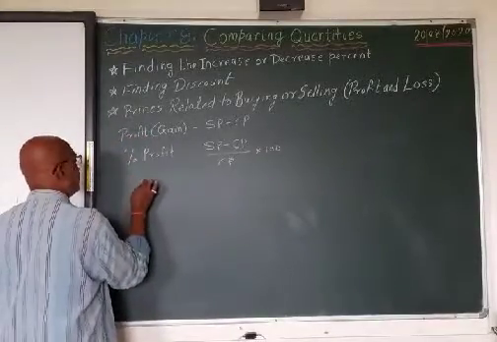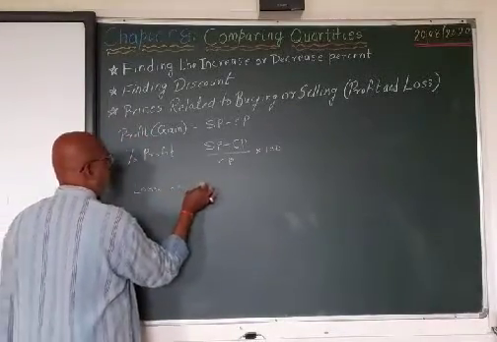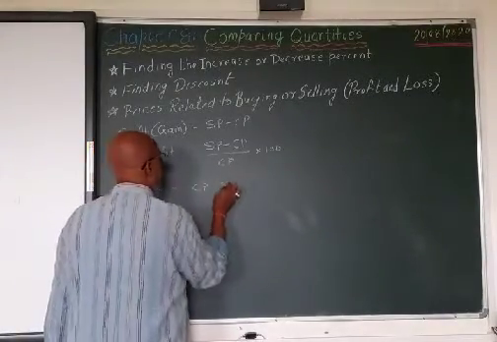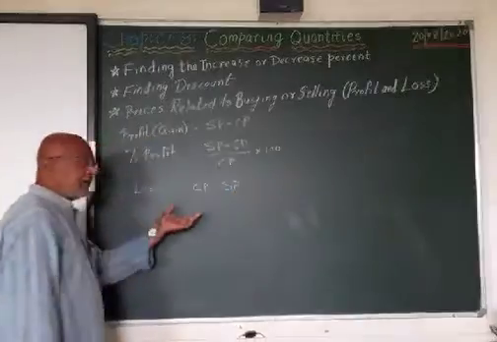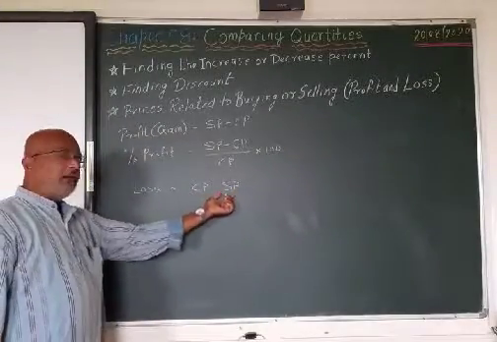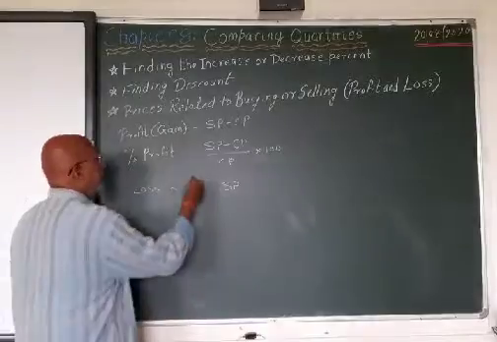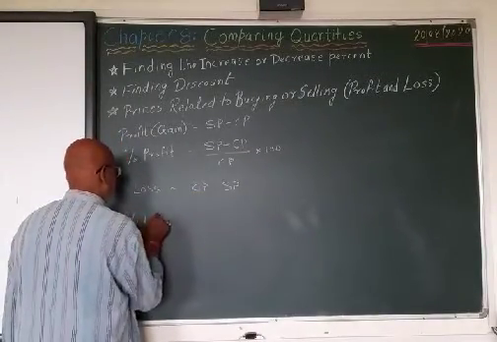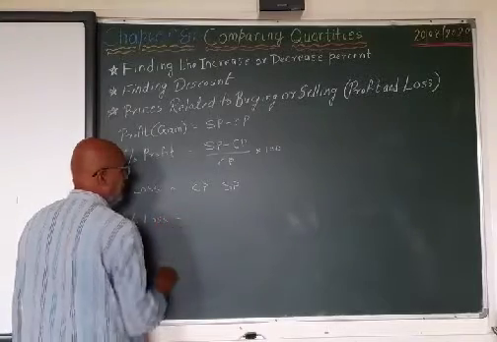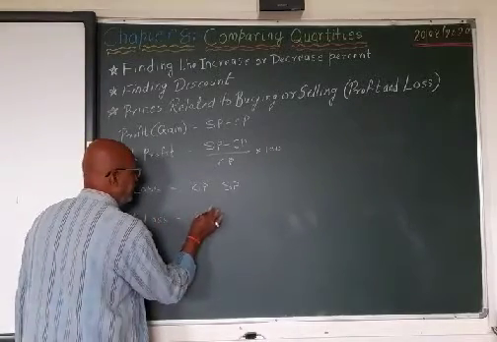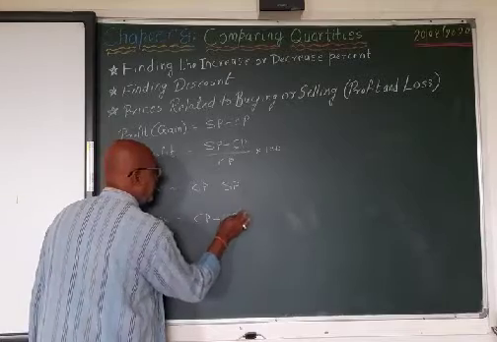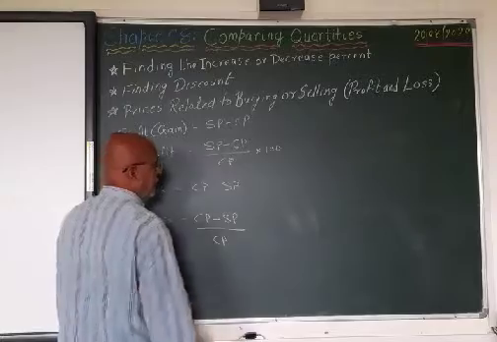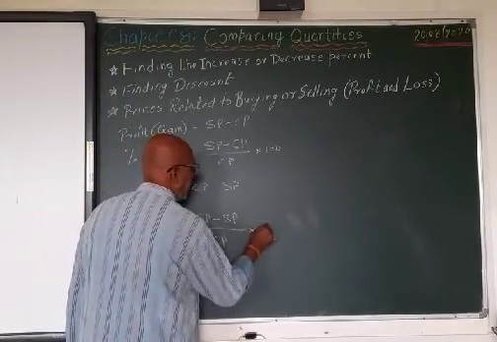Then loss equals cost price minus selling price, because when there is a loss, cost price will always be greater than selling price. And percentage loss equals cost price minus selling price upon cost price multiplied by 100.